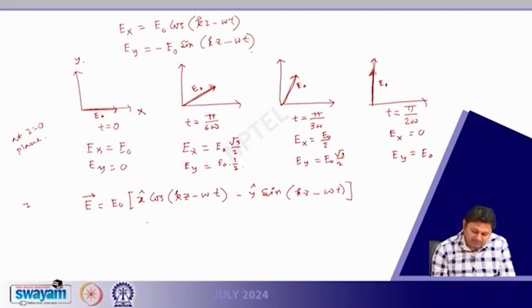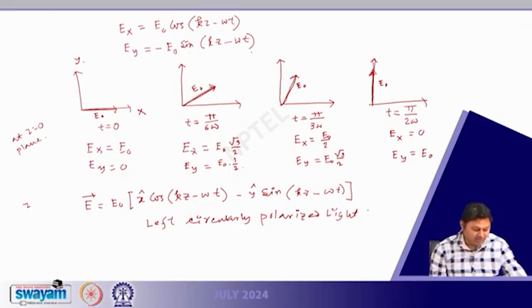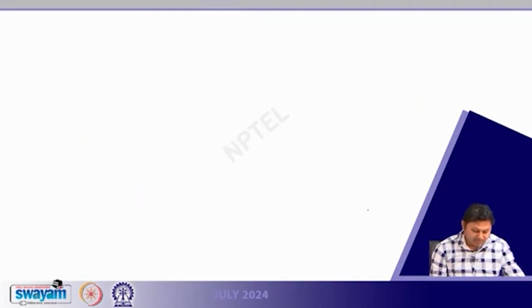So, this is called left circularly polarized light.